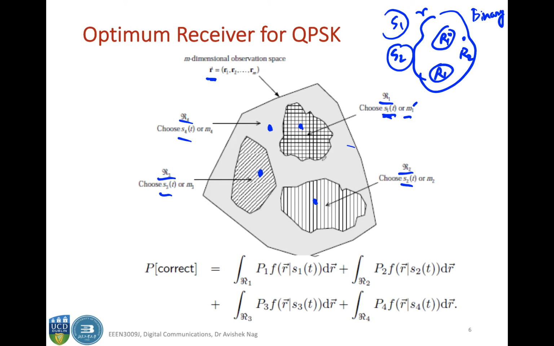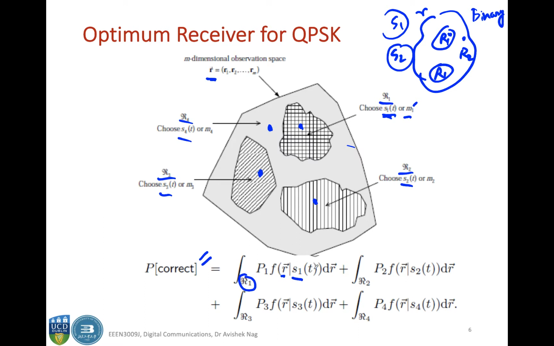So in this case, how will we calculate the probability of error? Since we have multiple regions, maybe it's a good idea to first calculate the probability of making a correct decision. Given S1 was transmitted, if your received signal R falls within R1, then you make a correct decision.